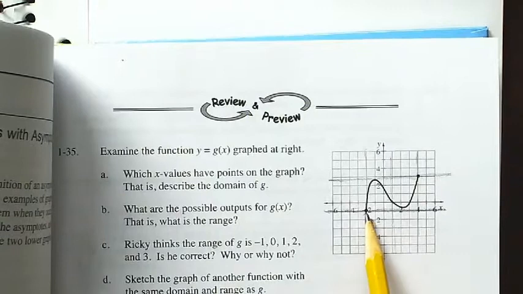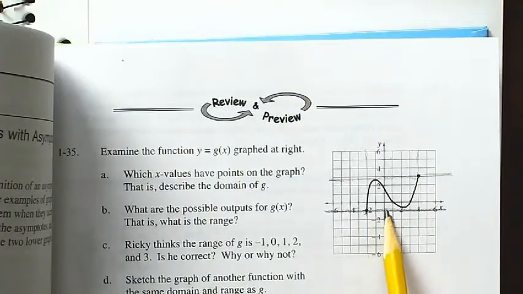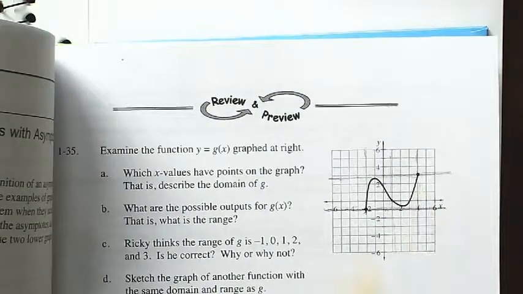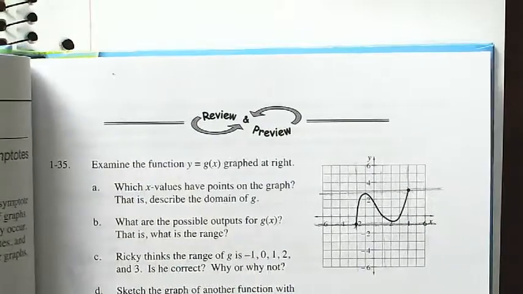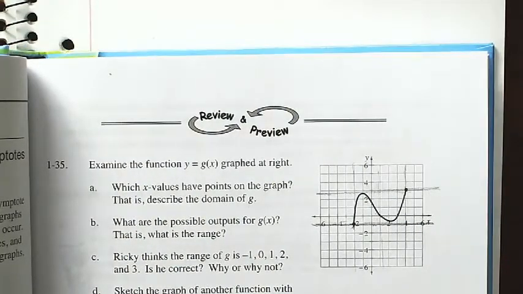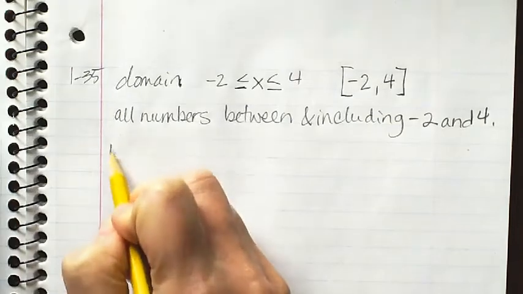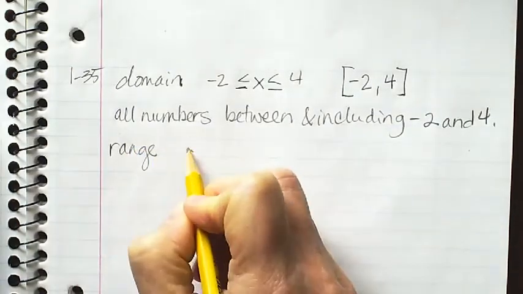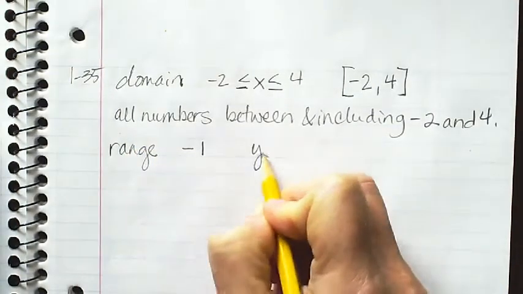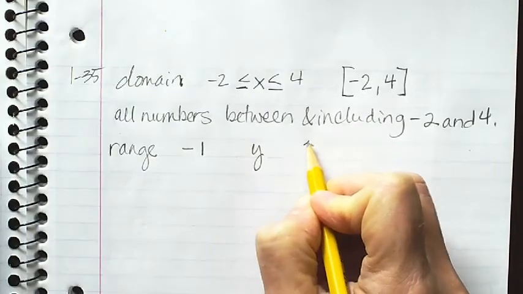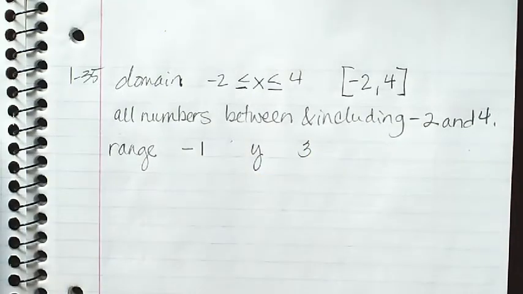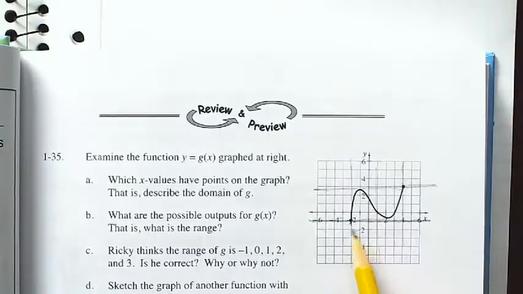So then our range is from -1 to +3. So y is between -1 and +3, and it's including those numbers.